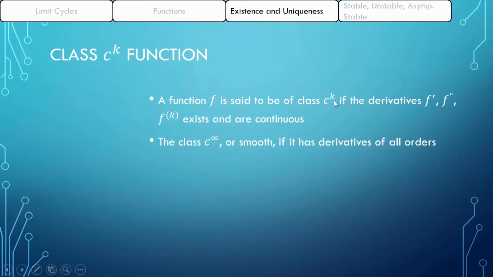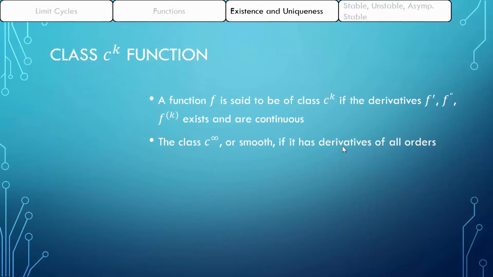So a C0 function is zero order continuous, so it's just a continuous function. For C1, the first derivative is continuous, which implies a continuous derivative, a continuously differentiable function. For C infinity, we call it a smooth function because it has derivatives of all orders.